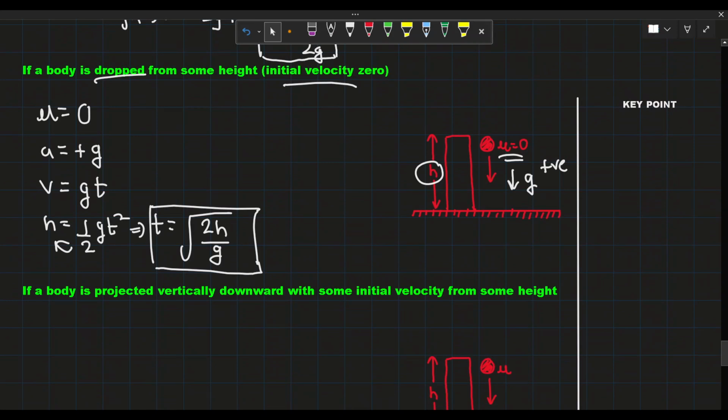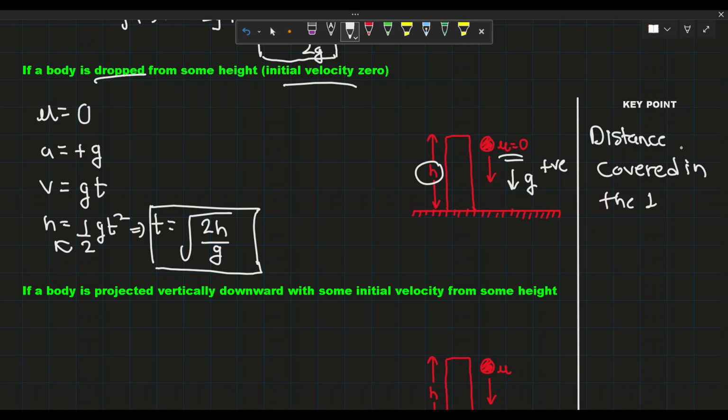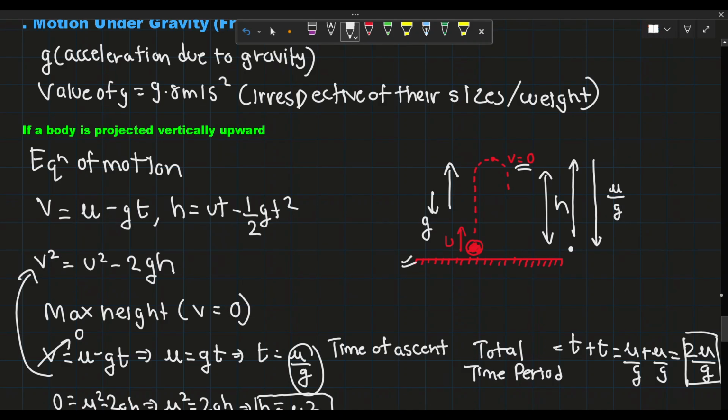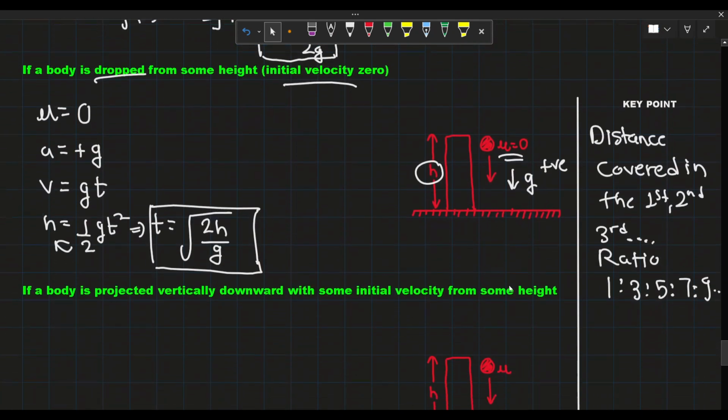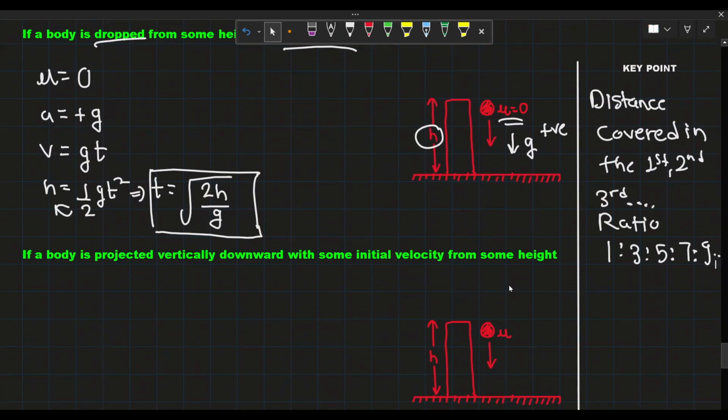The key point here is that the distances covered in the first, second, third and so on seconds are in the ratio 1:3:5:7:9 and so on, which basically means the distances covered are in the ratio of odd integers only.